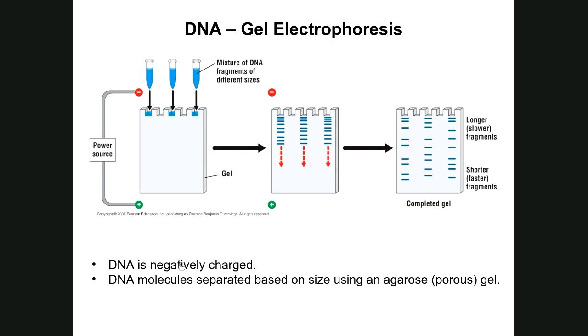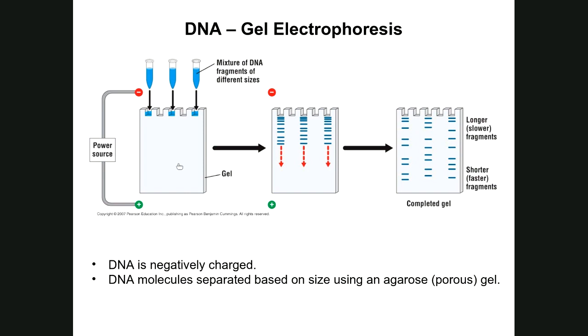Someone discovered, and I don't know who discovered this, that seaweed produces a polysaccharide called agarose. And they found that when they isolate this polysaccharide, produce it in powdered form, dissolve it in a buffer solution at a high temperature, and then pour that agarose solution into a container that creates a rectangular shape, when this agarose solution cools, it solidifies into a porous gel.